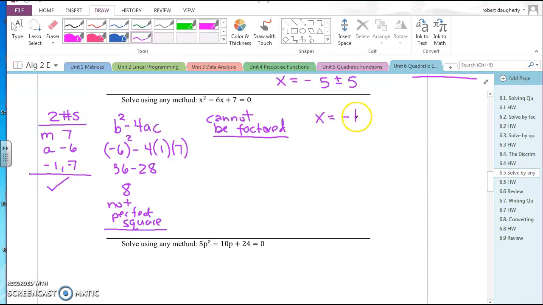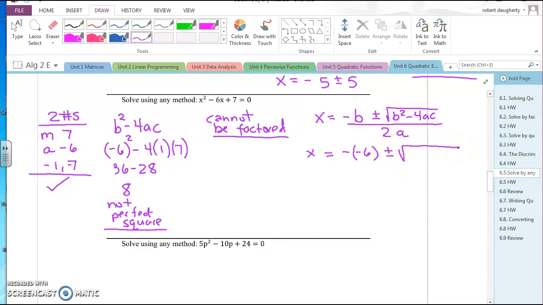x equals negative b plus or minus the square root of b squared minus 4ac, all of that over 2a. So x is equal to negative b, so b is negative 6, so it's going to be the negative of negative 6 plus or minus the square root of b squared minus 4ac.